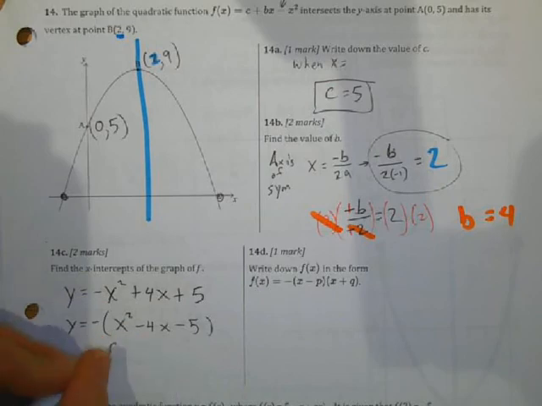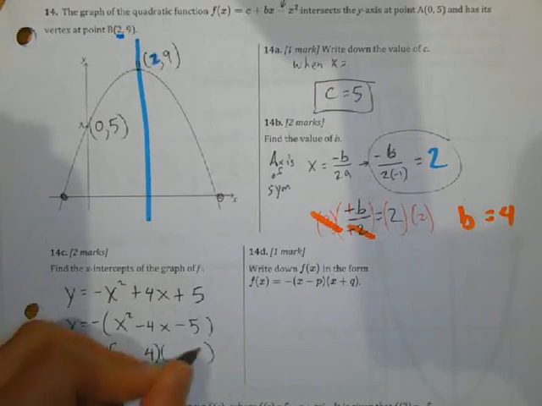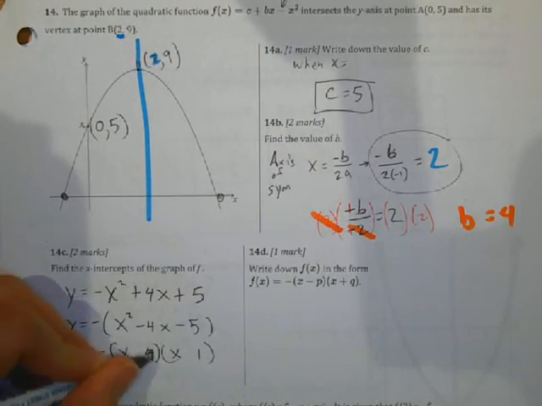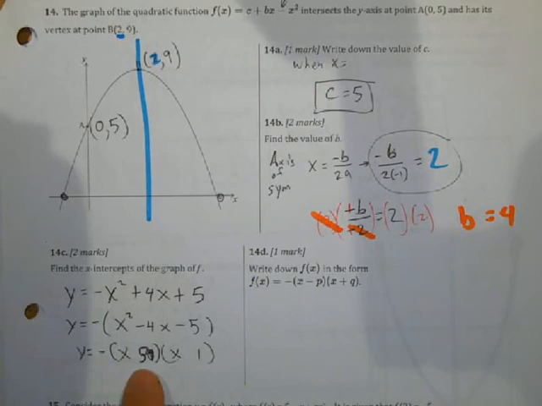Now what two things multiply to give me 5? It's 5 times 1. And since this is negative, we're going to have to make that one negative and this one positive.